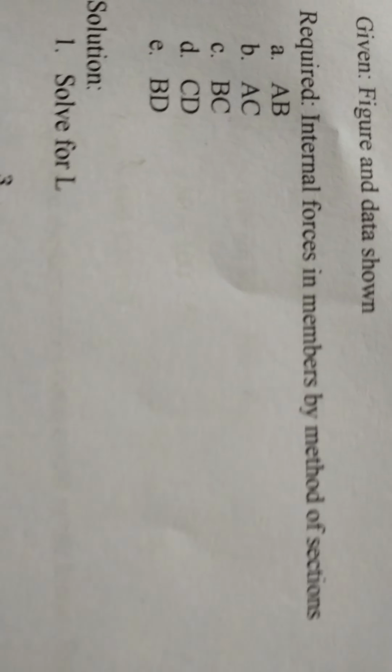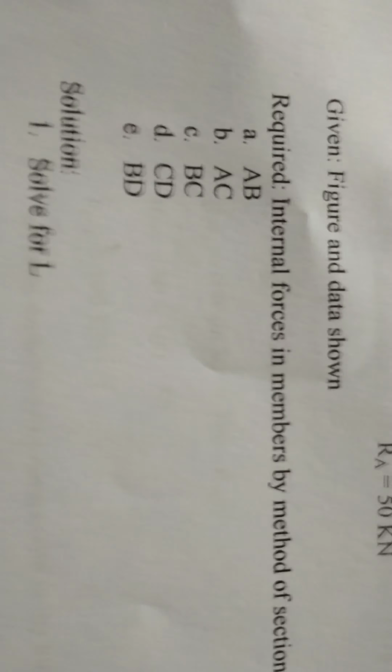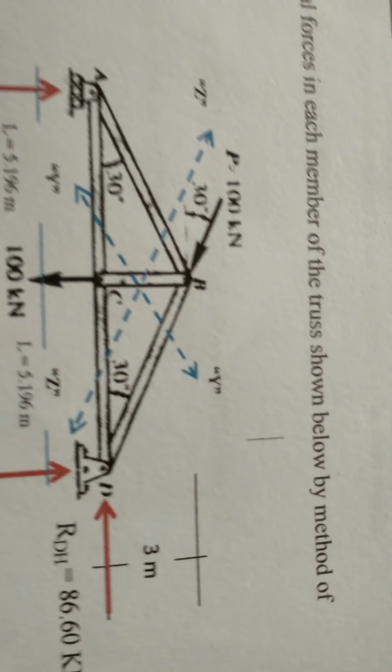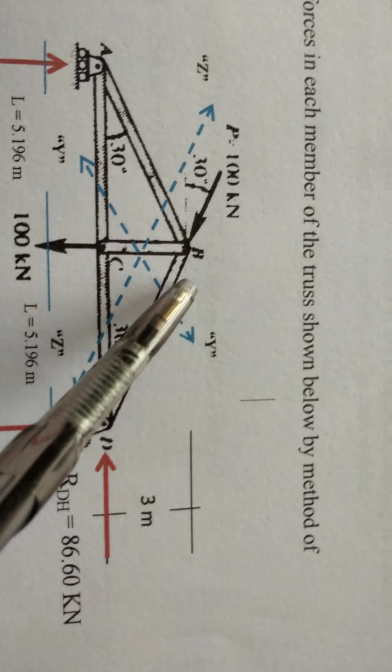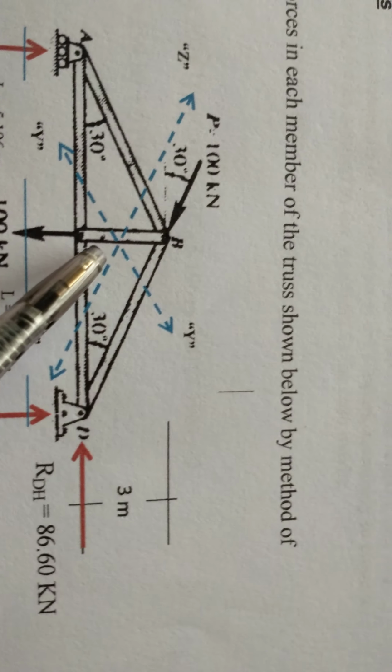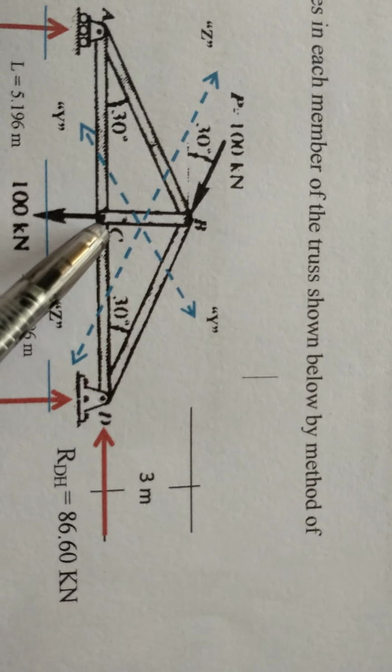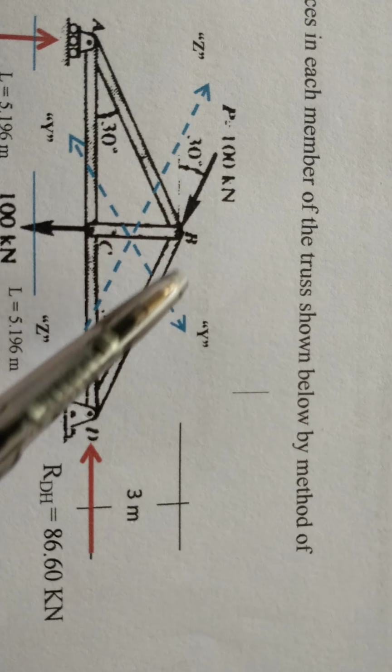So we have these members. If you look at the figure, we have AB, AC, BC, CD, and BD. Okay?